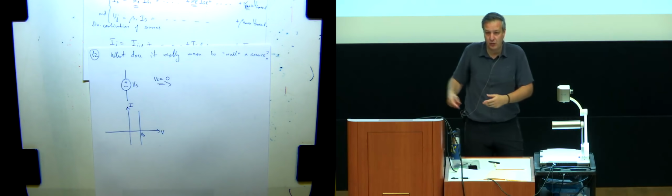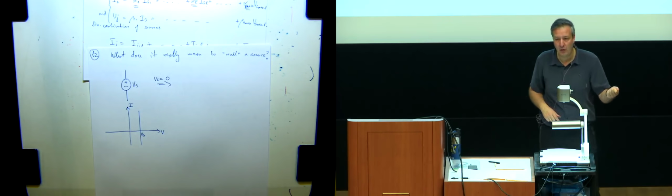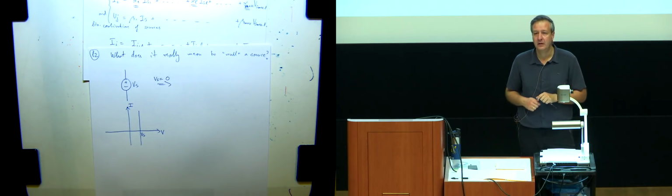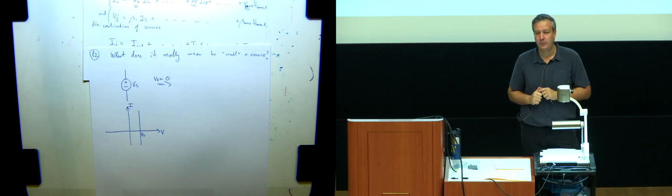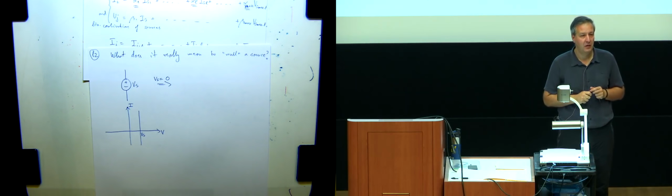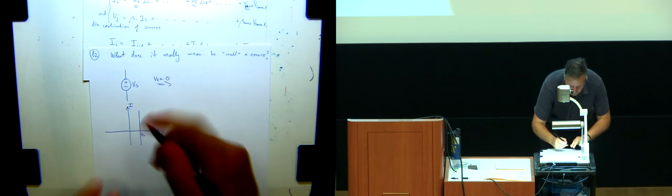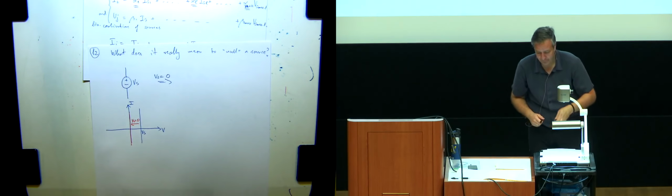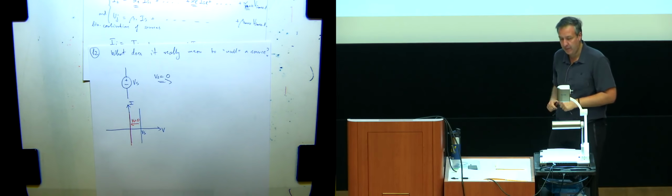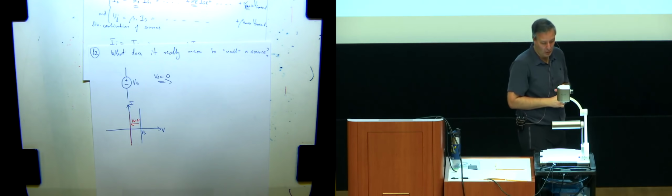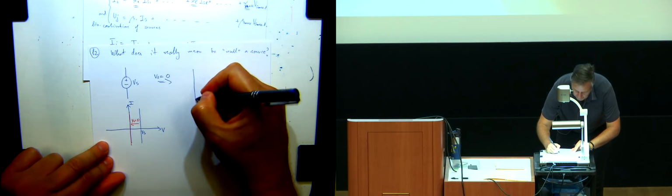I want to null that source. I want to assign it a value of 0. How does the IV curve look like then? Is it still vertical? Okay, where? Okay, yeah. So it basically moves to here, right? So what element does this become? A wire, right? So it becomes a wire.